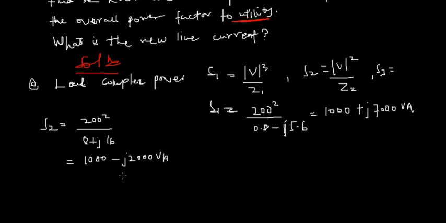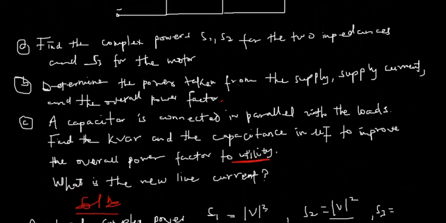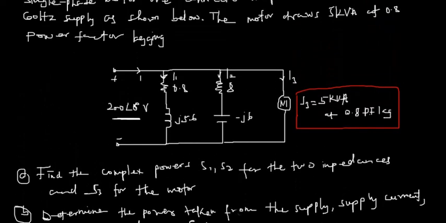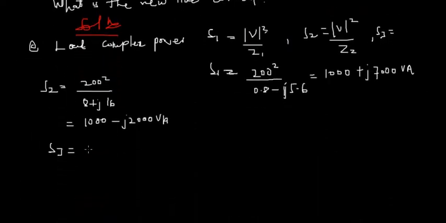Then we have S3. Let's see how we calculate S3. S3 is 5 kVA, so we have 5000, where k is 10 exponent 3, with an angle of 36.87, which comes from the power factor.